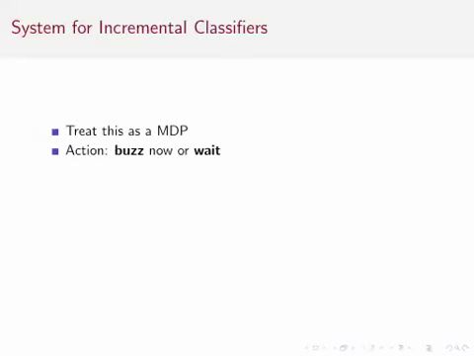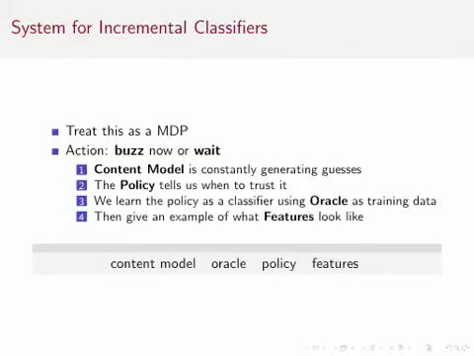We're going to treat this as a Markov decision process with a very simple state space. You can either buzz now or you can wait. In order to build the system, we need 4 things. One is a content model that's going to generate the guesses of our algorithm. Because the action space is very simple, and it abdicates responsibility for what to answer, we need something else to tell us what to answer, and that's the content model.